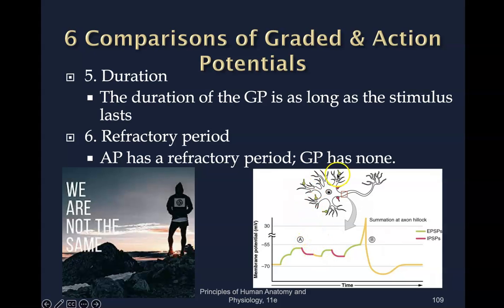But then you got more of these excitatory ones and they're firing, and then maybe you got one that takes you back down. But then you've got, because you have more of these excitatory graded potentials and excitatory presynaptic neurons, eventually they'll get you to that negative 55 millivolts. And once we create enough of a change to where we hit negative 55 millivolts in that threshold, boom, it's action potential, all or none.